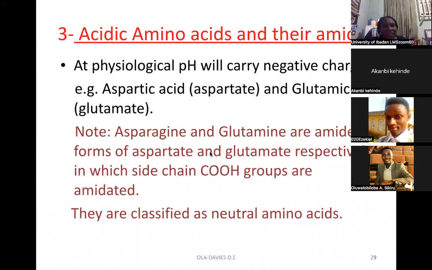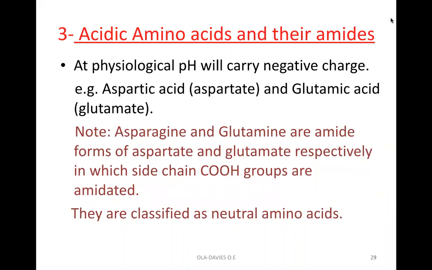The third group is the acidic amino acid and the amide groups. Those at physiological pH will carry negative charge. If you remember, we said the basic amino acid will carry positive charge at physiological pH. Examples of acidic are the aspartic and the glutamic acid.